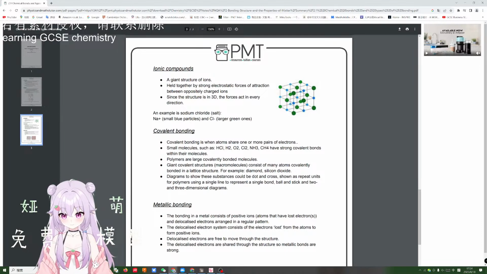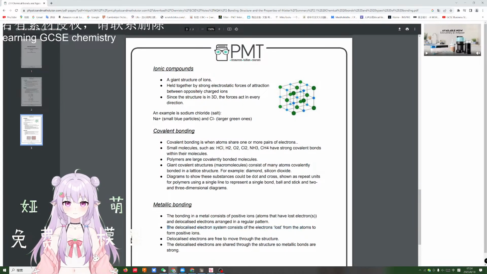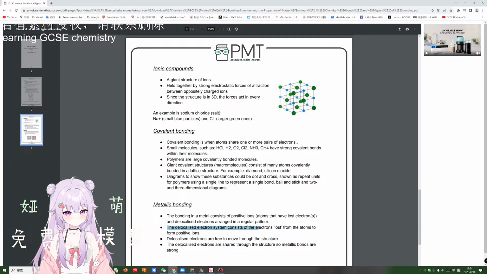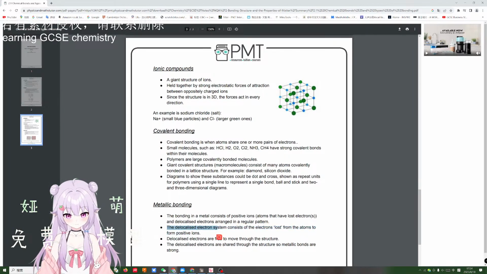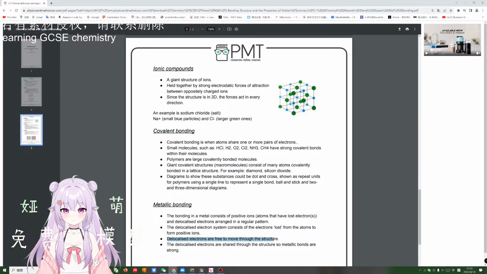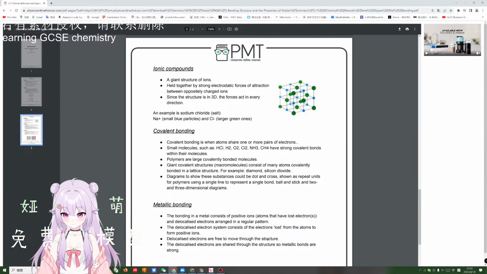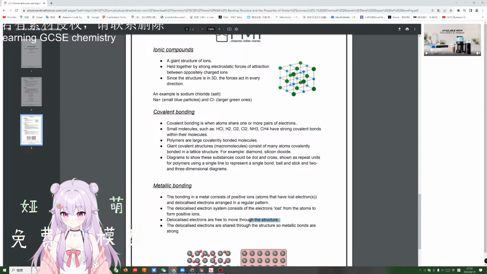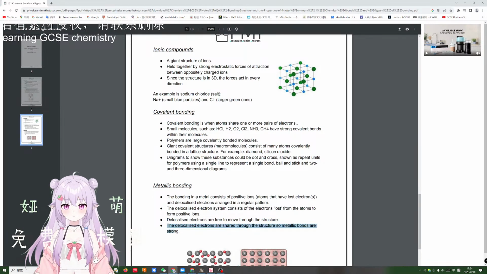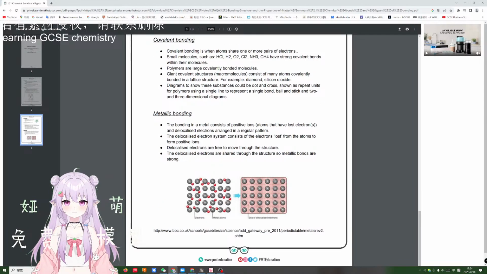So the delocalized electron system consists of the electrons lost from the atoms to form positive ions. Delocalized electrons are free to move, and they are shared through the structure, so metallic bonds are strong.